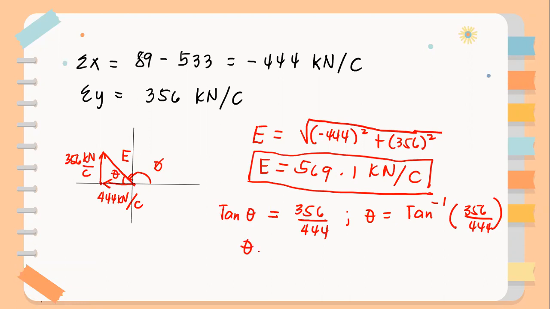Theta is 39 degrees. Therefore, for P, we have 180 minus 39, which is 141. Therefore, the direction is equal to 141 degrees.